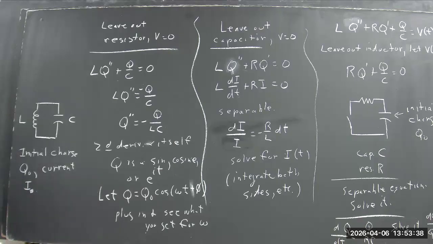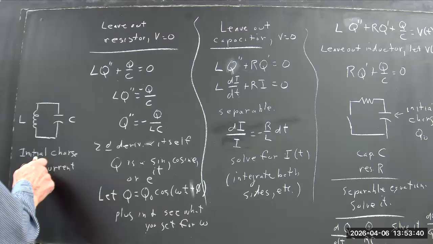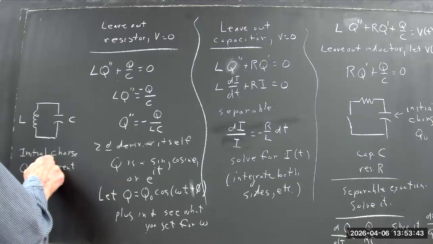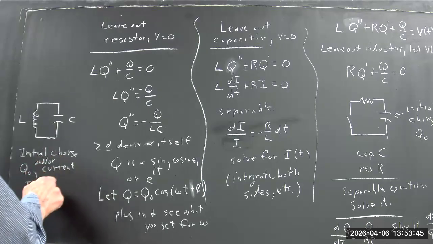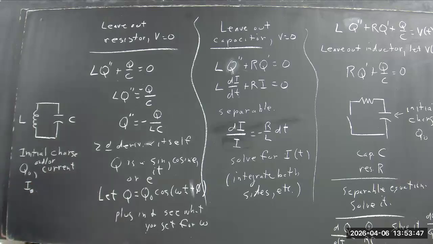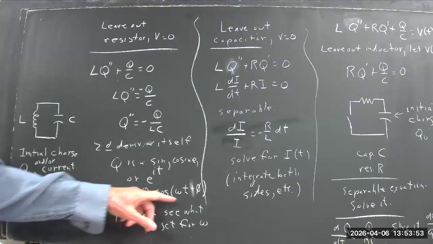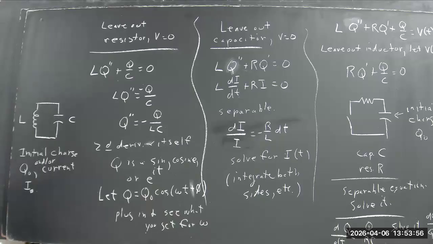It's an initial charge Q naught and or current I naught. Well, if you've got that, you have the initial condition and you know exactly what your function is going to be.